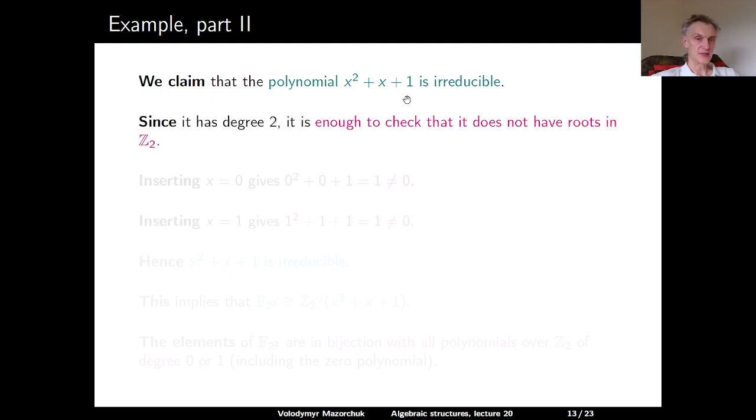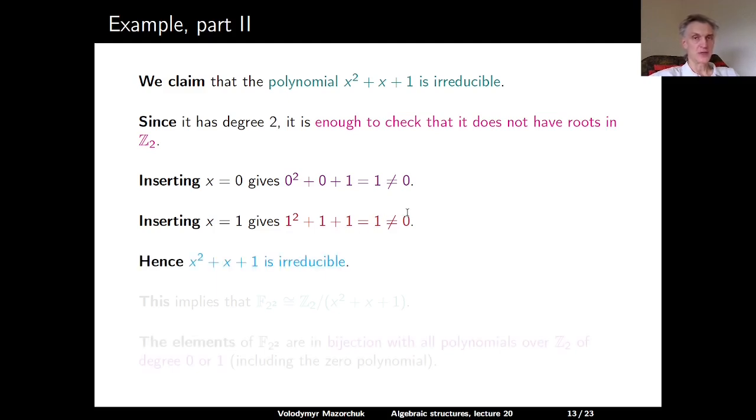Since this polynomial has degree 2, it is enough to check that it doesn't have any roots. So if we insert x is equal to 0, we get 0 squared plus 0 plus 1, that's 1, not 0. If we insert x is equal to 1, we get 1 squared plus 1 plus 1, this is 1, not 0. So our polynomial doesn't have any roots, it has degree 2, so it is irreducible.